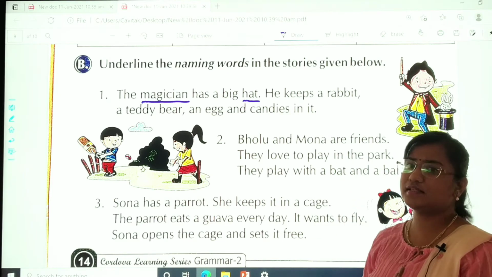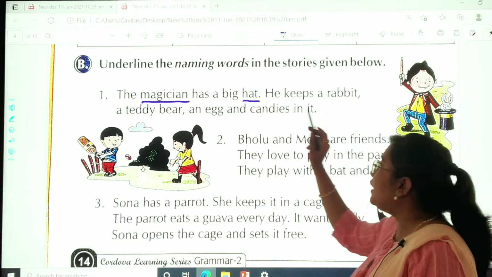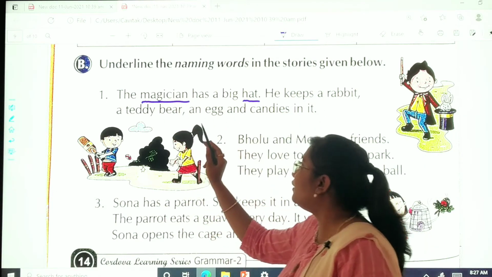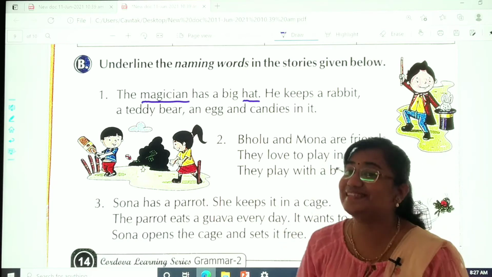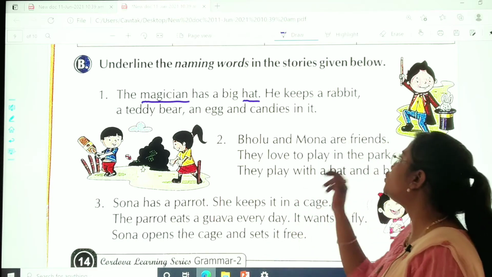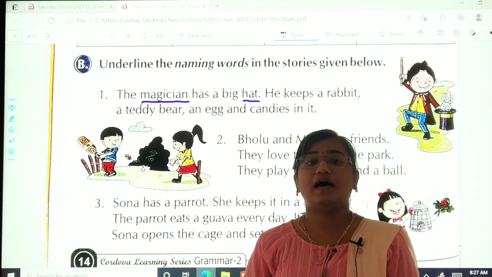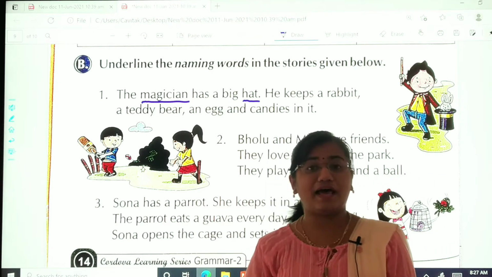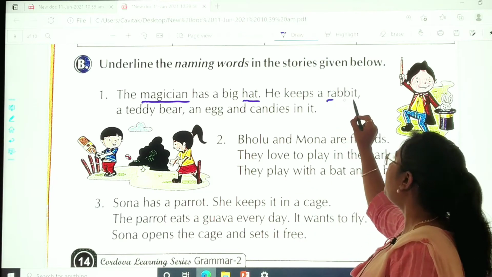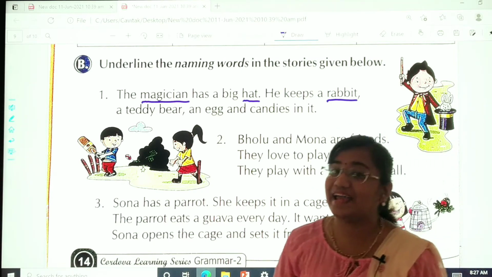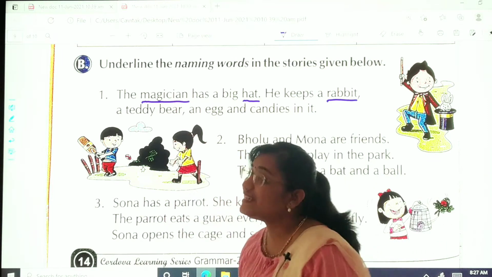Next sentence, read it with me. He keeps a rabbit, a teddy bear, an egg and candies in it. So, rabbit, it is an animal, right? So, it is also a naming word. So, we will underline rabbit. Let us move on. A teddy bear.